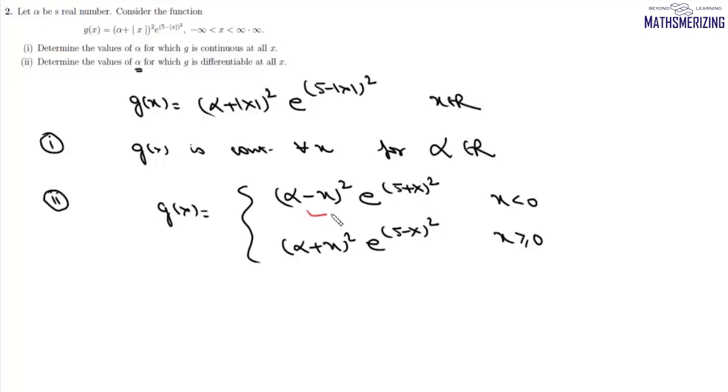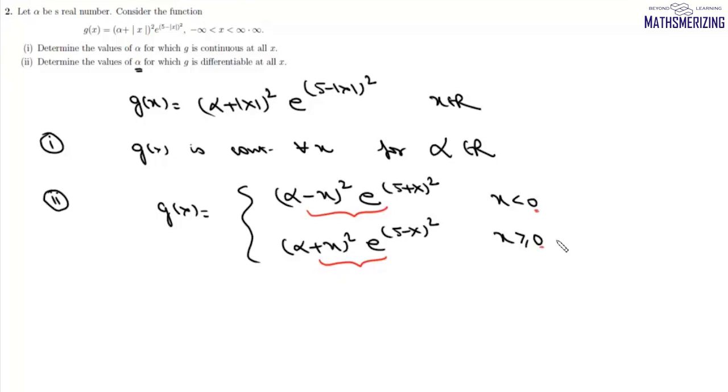Now the first part is continuous and differentiable, and the second part also is continuous and differentiable. Now there is a definition change at 0, so we just have to check differentiability of this function at x equals 0.